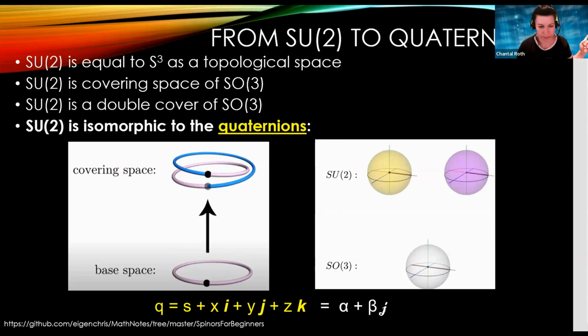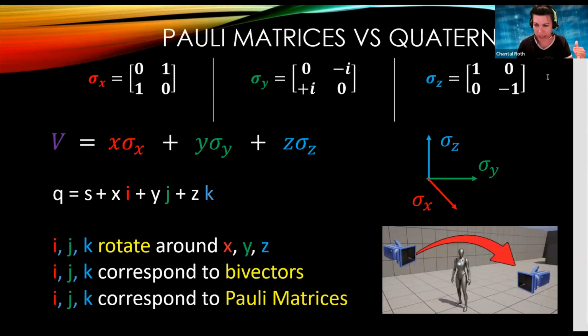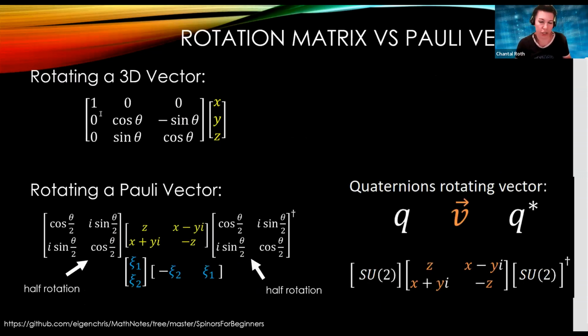If you remember, we had these Pauli matrices. Now maybe you can see the connection: sigma x, sigma y, and sigma z correspond to the quaternions i, j, and k. And now we are back to quaternions. So now when we look at the rotation, it's actually quite simple.